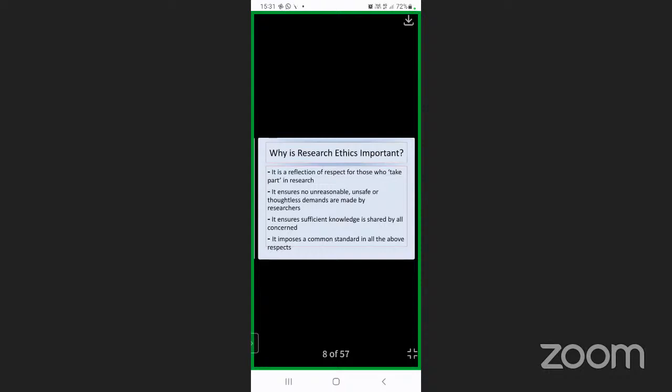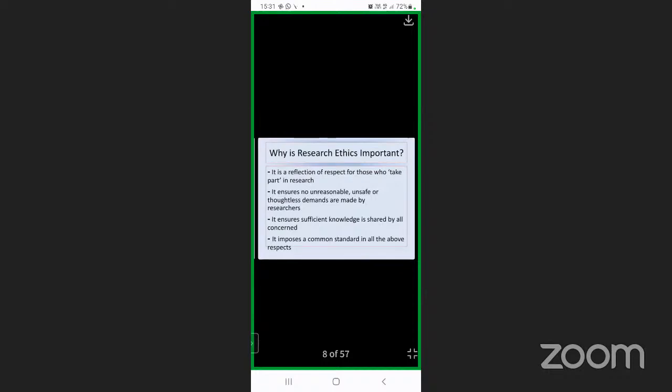We have to ensure that demands made by researchers are for a sound reason and for safety. They should not be unreasonable, unsafe or thoughtless. Through research ethics, we can avoid these three causes.